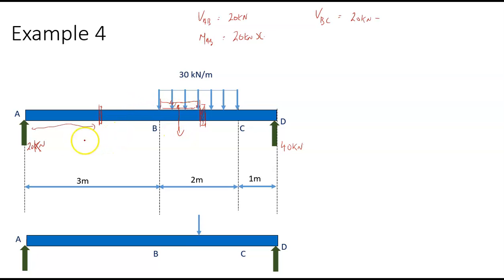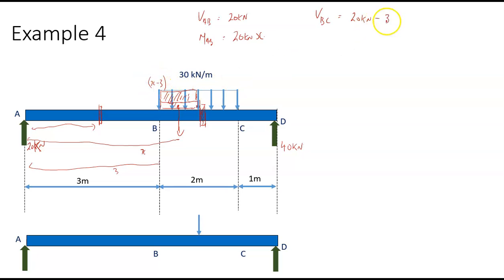We're saying the distance here is X, and this distance here is 3, so the loaded length is X minus 3.